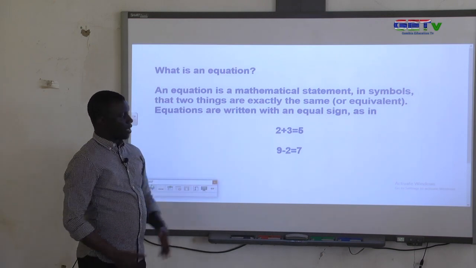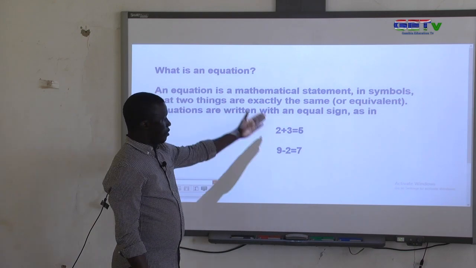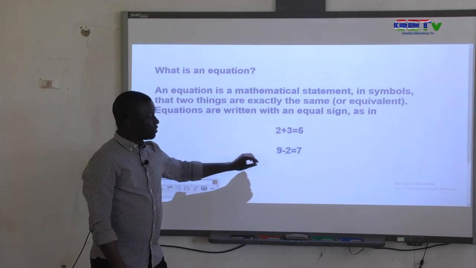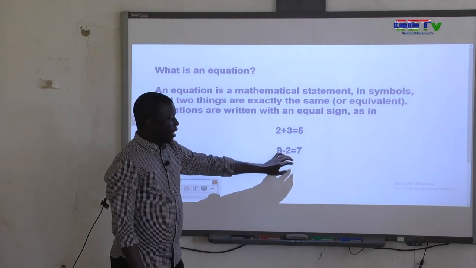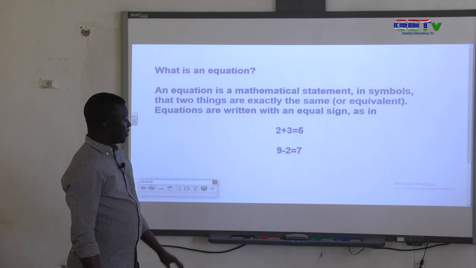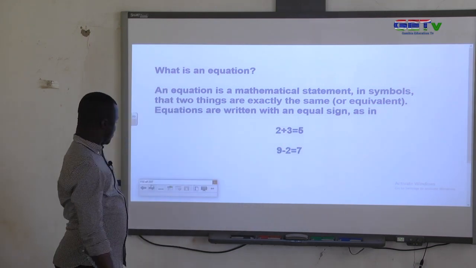The second example, we have 9 minus 2 equals 7, almost the same as the first one. We see numbers, an operation, and an equal sign. So these two are qualified to be called an equation.